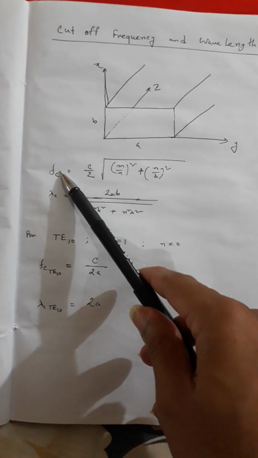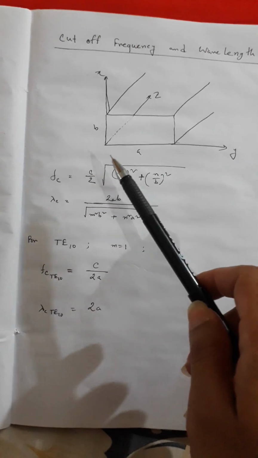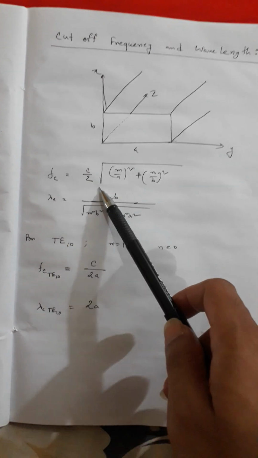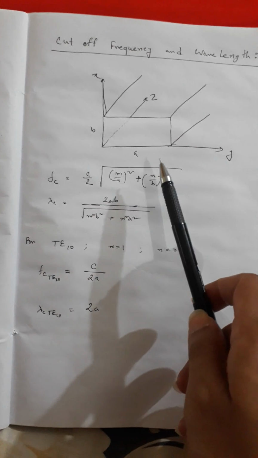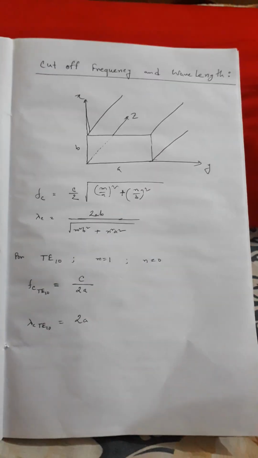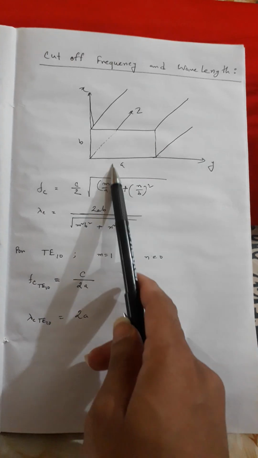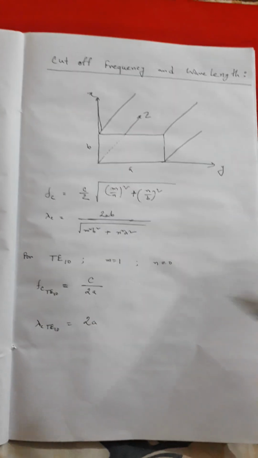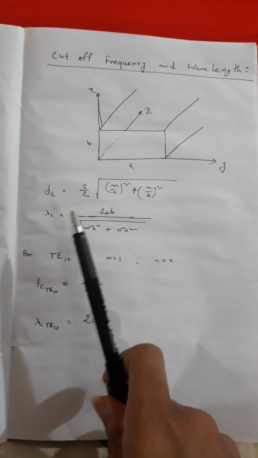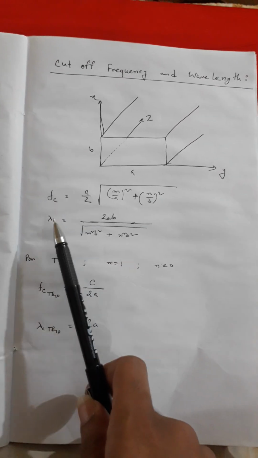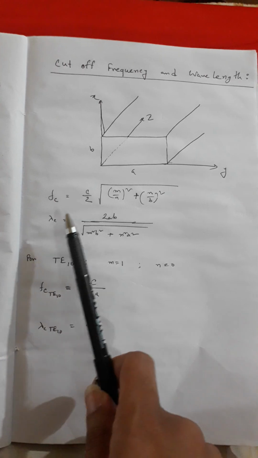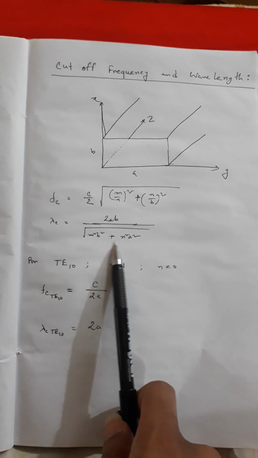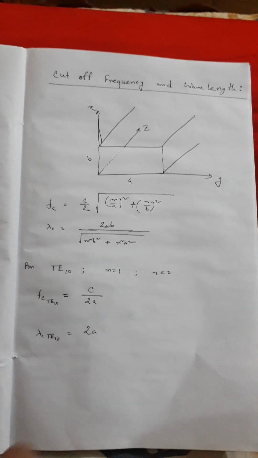Here c is the velocity of light, divided by 2, and m and n are the mode numbers, and a and b are the dimensions. a is the length towards y and b is towards x. And then the cutoff wavelength is 2ab divided by the square root of m square b square plus n square a square.